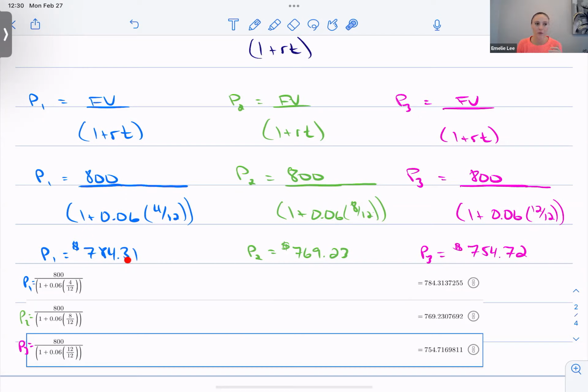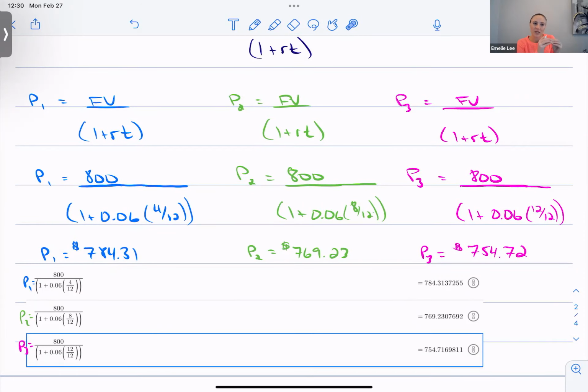And then same thing, 4 months. If I'm only letting it sit there for 4 months, I need to bring $784.31, and it can sit there for 4 months and grow to be $800. So that's kind of the key part to remember about the time value of money, right?